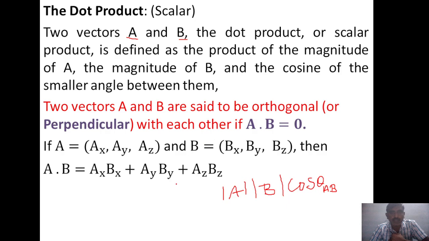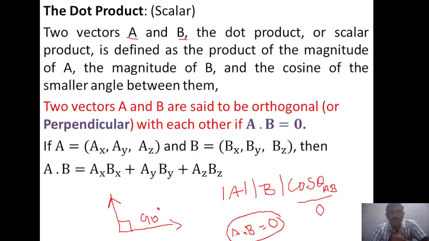So what is the condition? Suppose vector A is in this direction and vector B is in this direction, that is 90 degrees. Then theta AB is equal to 90 degrees. So cos 90 becomes 0. So the scalar product A dot B becomes 0. Hence when the dot product of any two vectors is equal to 0, we can easily understand that the two vectors are perpendicular to each other. This is the condition.